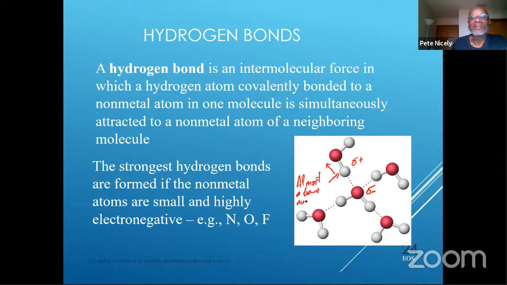Because remember, the hydrogen has only one electron. That electron is being pulled away from it by the oxygen here. So because this is almost a bare nucleus, the charge density here is very high, and therefore it's going to have a relatively strong attraction for the negatively charged oxygen atom from another molecule. So this bond here is the resulting hydrogen bond, all right?